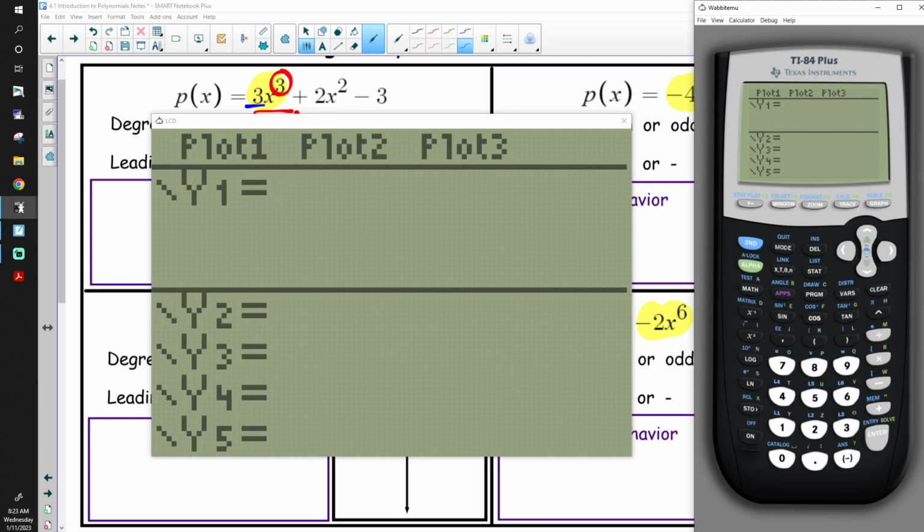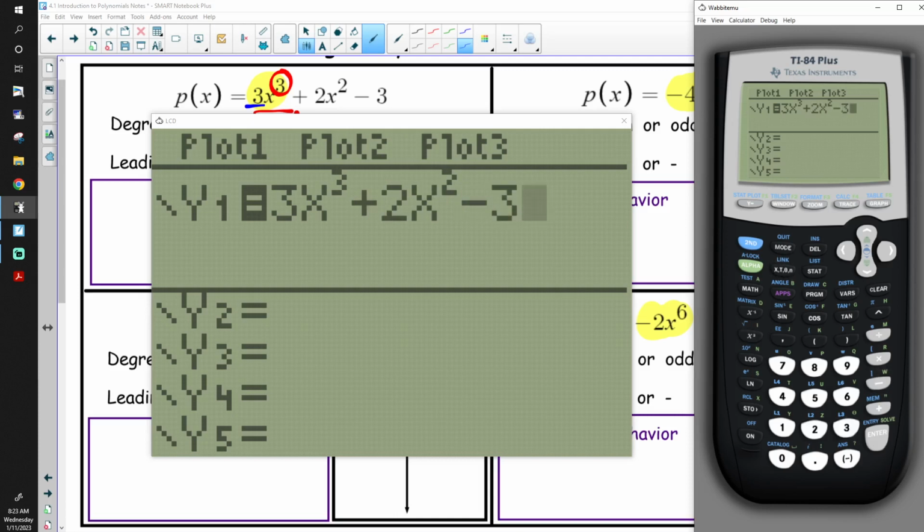Okay, let's go ahead and type it in. 3x, you're going to have to use the caret, to the power of 3, plus 2x squared minus 3. Make sure it looks like your paper, like what I have.